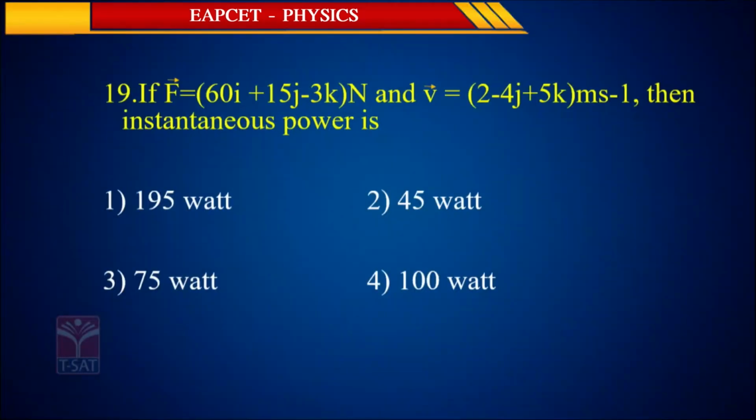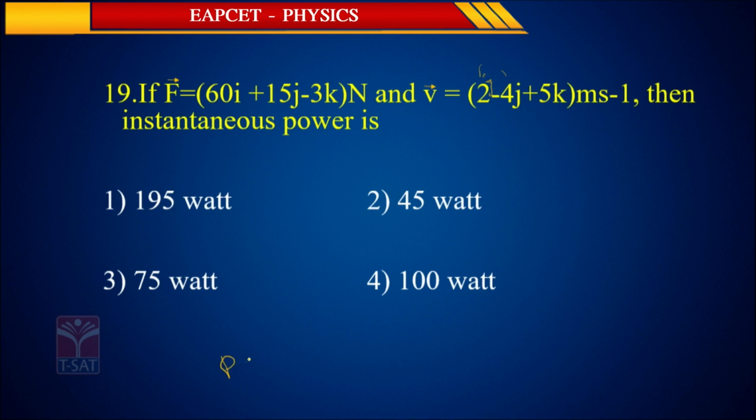Next, see that if F bar is equal to 60I plus 15J minus 3K Newton and V bar is equal to 2I cap minus 4J plus 5K meter per second, then the instantaneous power. What is the instantaneous power formula, children?